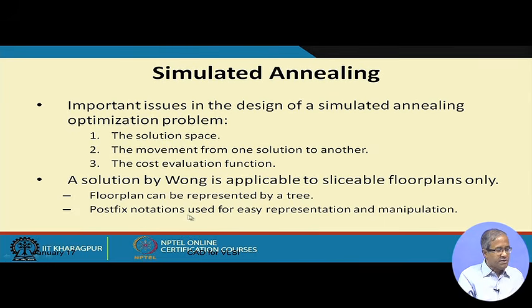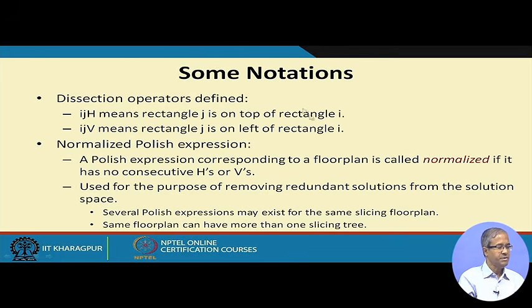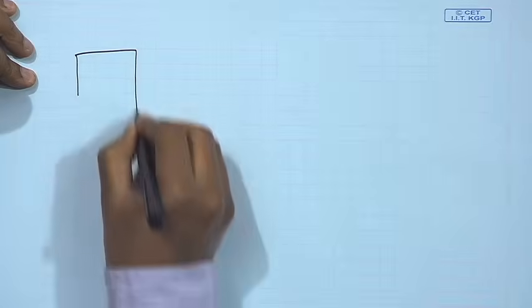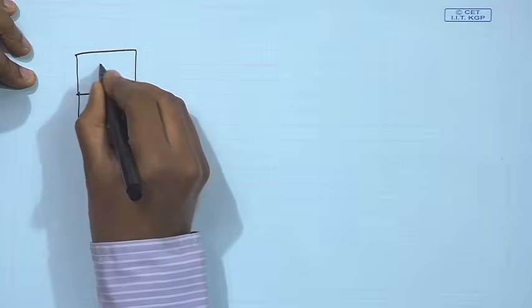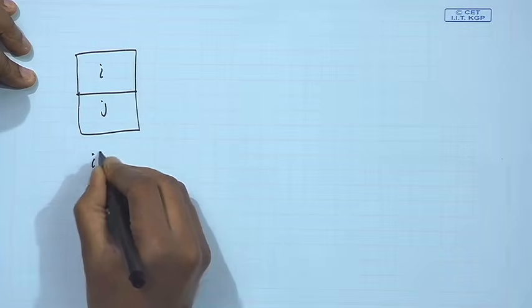So, in this method for floor planning, the floor plan is represented by a tree, and the polish notation that I talked about earlier, that same kind of postfix notation, is used for representation and also for manipulation of the moves. So, let us see how. I am just repeating this notation for convenience. Here i and j indicate two blocks. i, j, h means i and j are connected by a horizontal line.